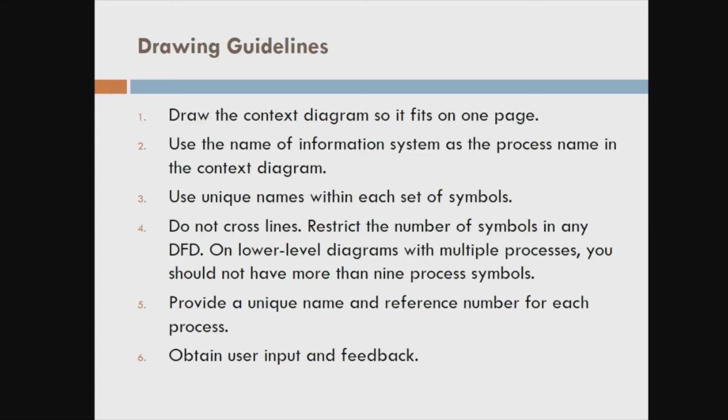Obtain user input and feedback on your DFD diagram. After you prepare your data flow diagram, get the feedback from your user about your system. From that feedback, you can recreate your DFD.